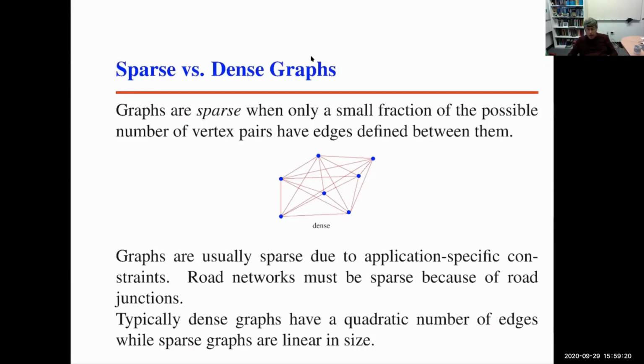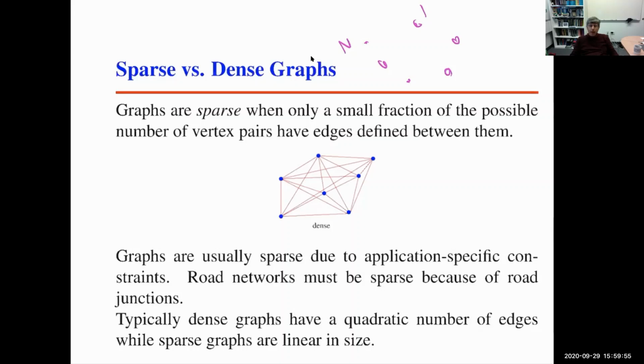Notice that if I have a graph on n vertices, I'll number them 1 to n, what's the most edges I can have in a simple graph on n vertices?